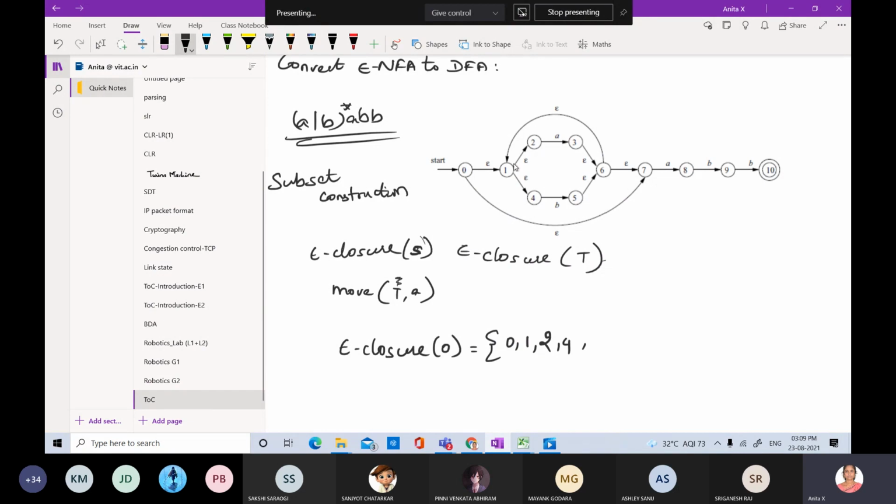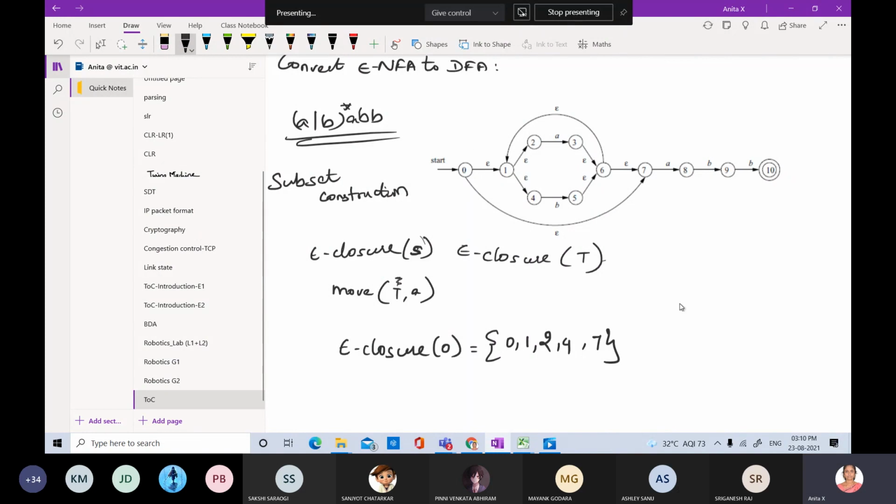After this, I cannot proceed because I have the inputs a and b, there is no epsilon transition. And similarly, from 1, I have an epsilon transition to 7. So the epsilon closure of 0 is equal to 0, 1, 2, 4, 7.